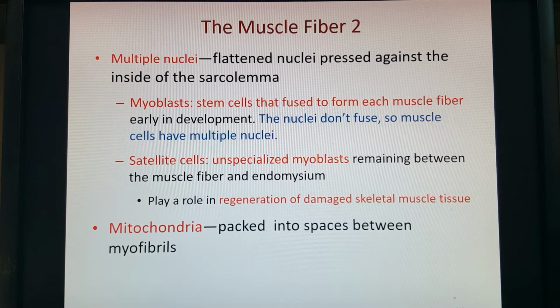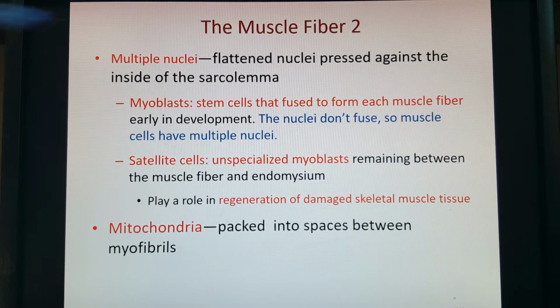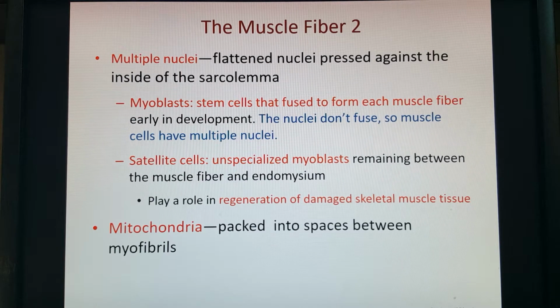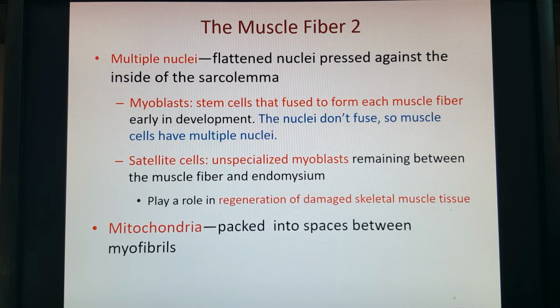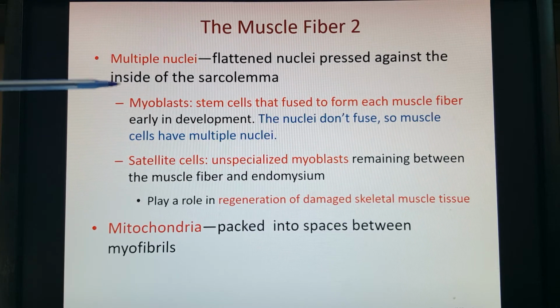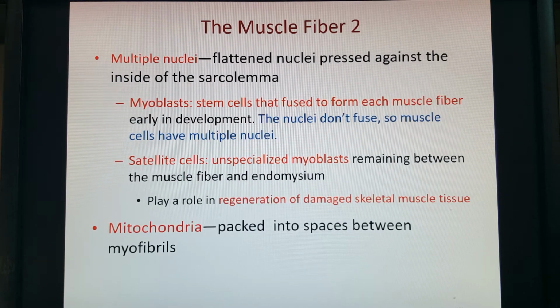So one unique feature of skeletal muscle cells that very few other cells have is that they have multiple nuclei. When the precursor cells fuse together, the nuclei don't fuse, and so you end up with multiple nuclei. Those precursor cells would be our myoblasts.